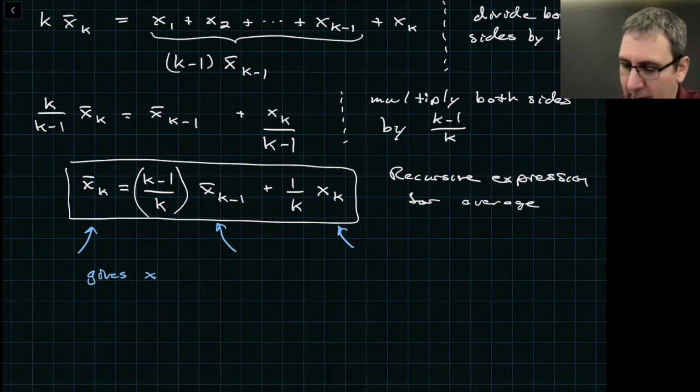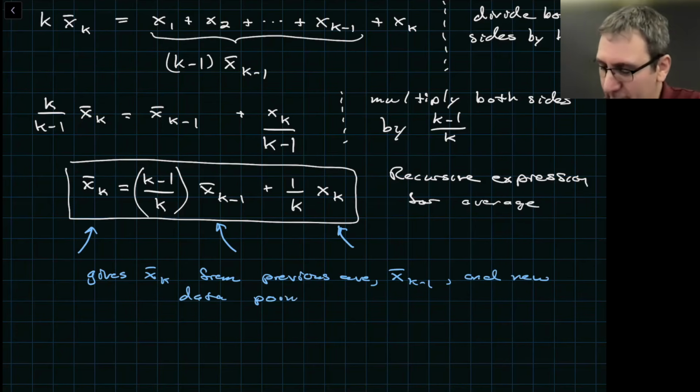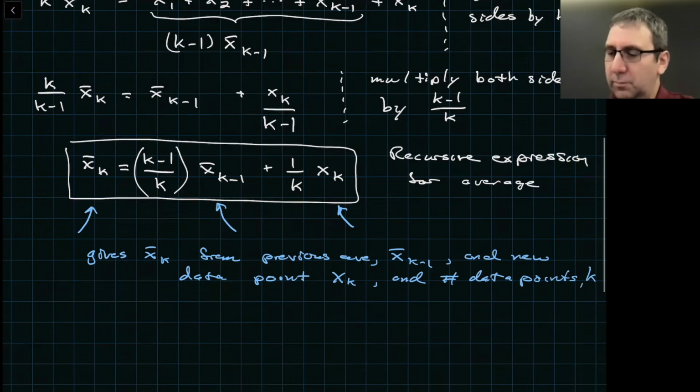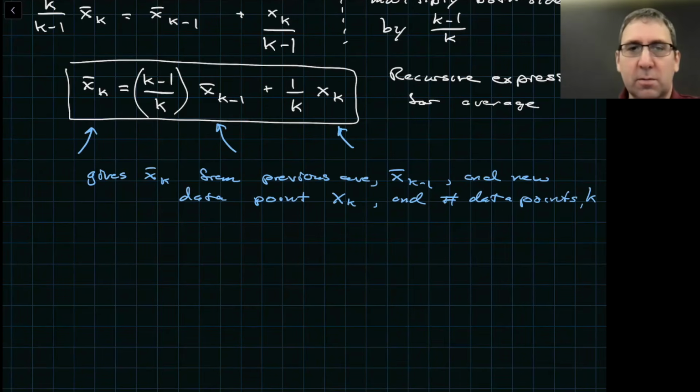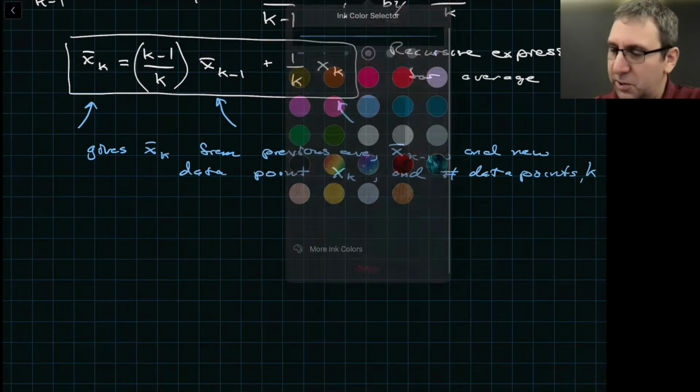It gives x bar k from the previous average, x bar k minus 1, the new data point, xk, and the number of data points so far. All right. So this is faster and more efficient.